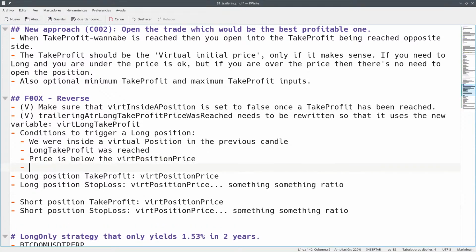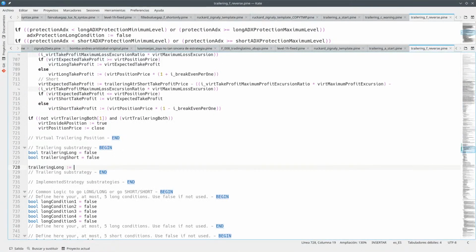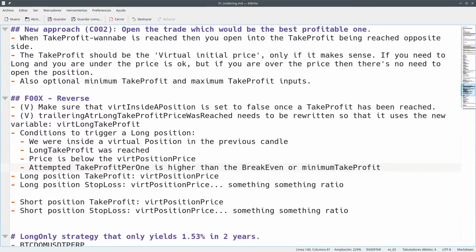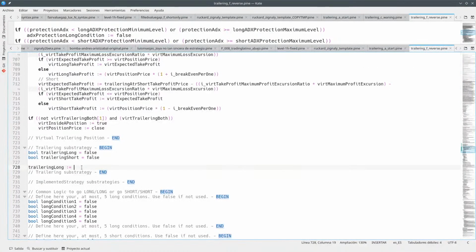And attempted take profit per one is higher than the break even for minimum take profit, something like that. Okay, so we have many conditions here, so let's try to implement some of them. We were in a virtual position in the previous candle.